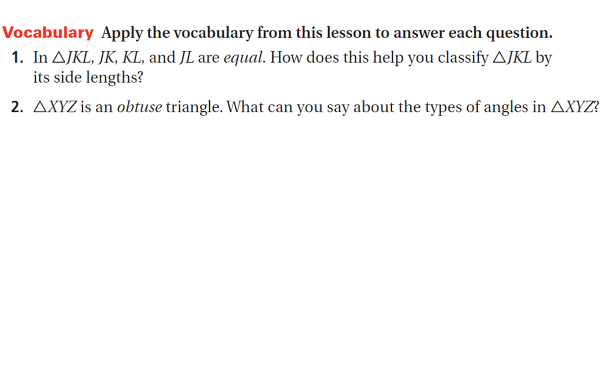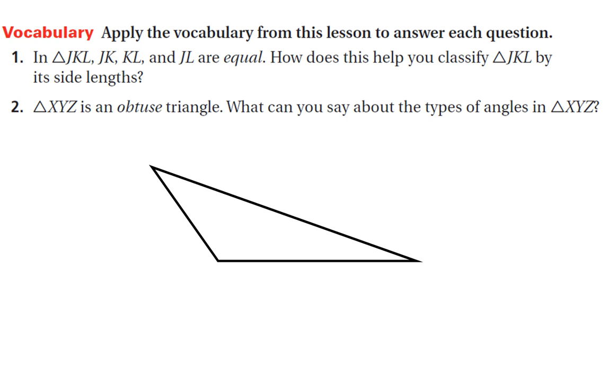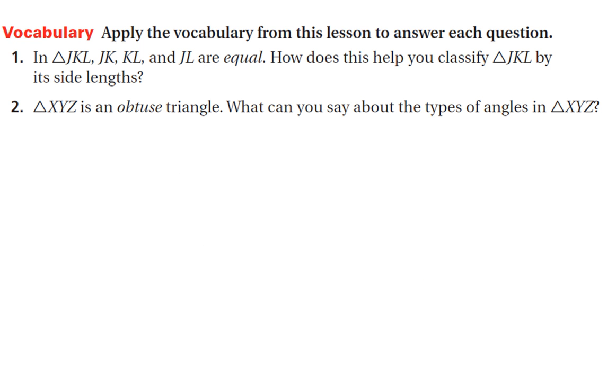So let's draw a triangle JKL. Bam, there it is. This is J, K, and L. And then I'm going to erase all this because it says if they're equal. So let's try this again. Okay.